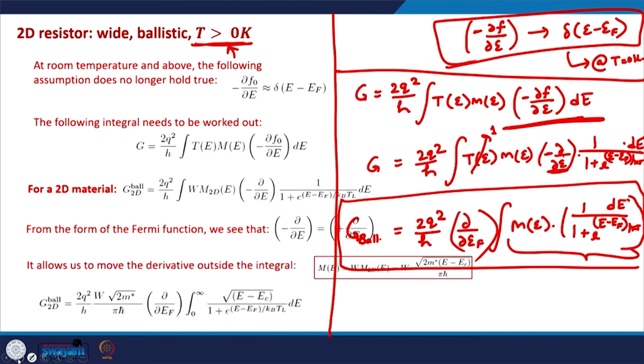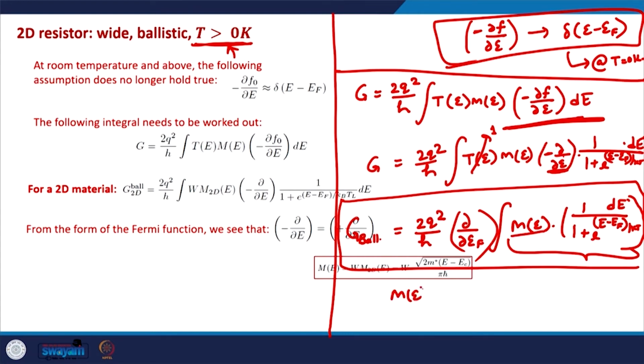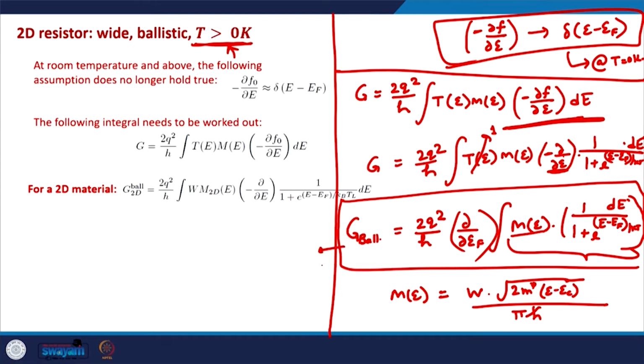So if we also write it down explicitly, M(E) is W times square root of 2m star (E minus EC) divided by pi h bar. Then this ballistic conductance formula can be written as G ballistic equal to 2q square by h del by del EF.